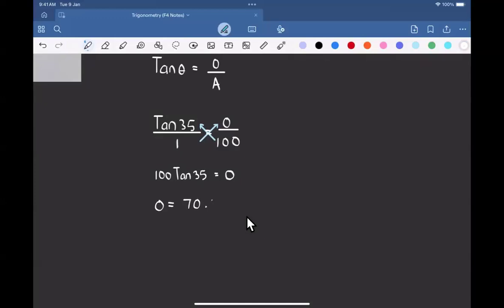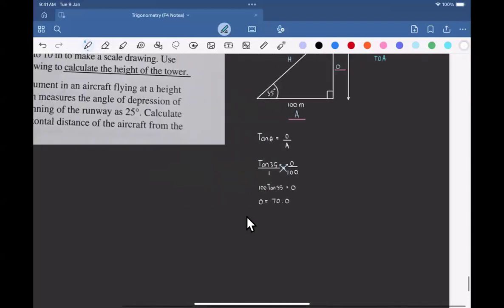Okay, so let me tell you the full thing, right? It could just be 70, actually it'll be 70.0. Right? And the units for that will be what?